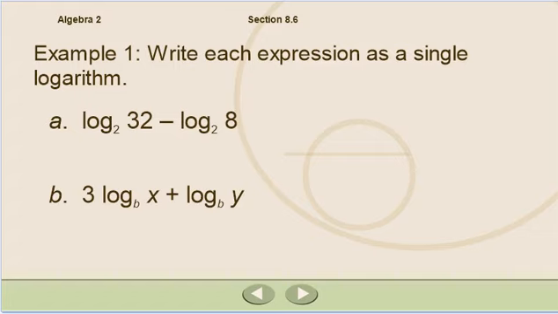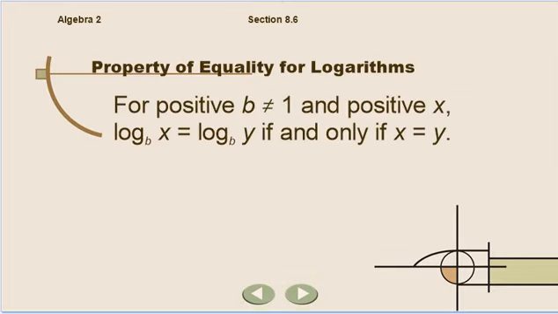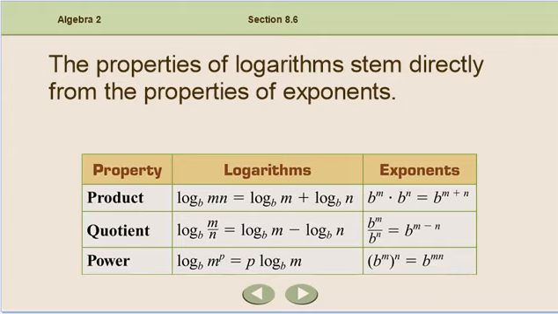So this says write each expression as a single logarithm. Right now it's a logarithm minus another logarithm, so it's two logarithms, two terms. Well, we can use our properties. We know that if we have log base b of m minus log base b of n, in this one we're going to change it to one term.